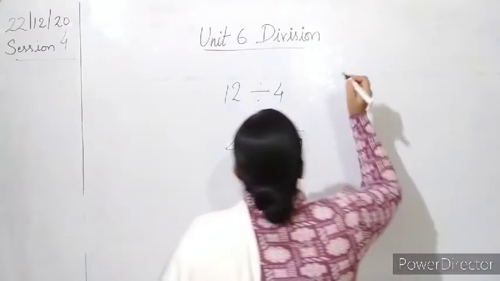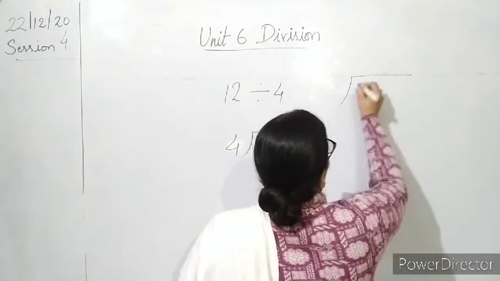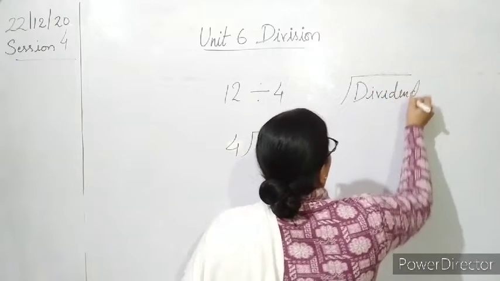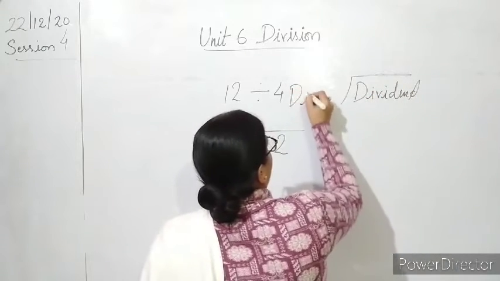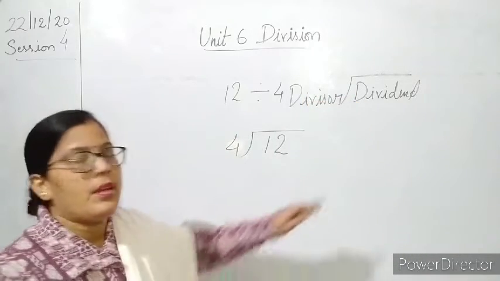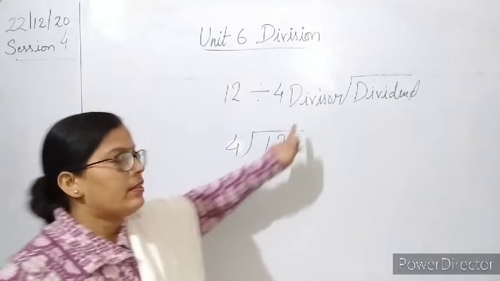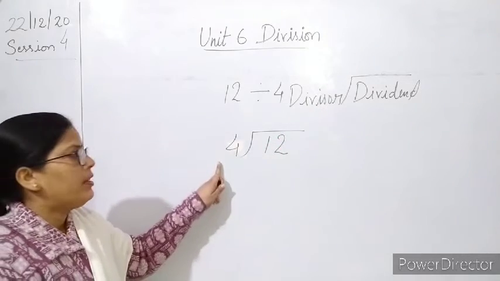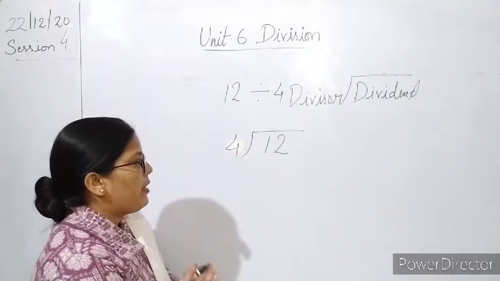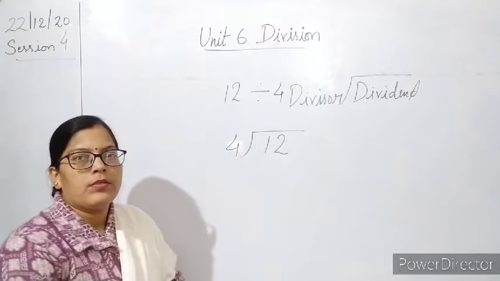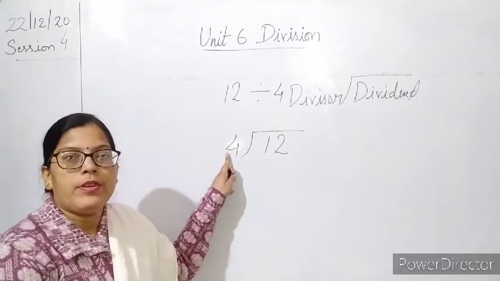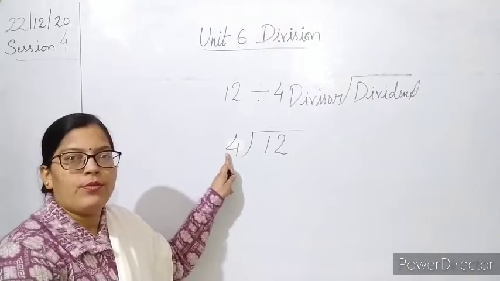Okay. Just see how we can write here. Inside we'll write the dividend and outside we'll write the divisor. Dividend divided by divisor. Now to divide the number, you have to recall the table of the divisor, the table of 4.